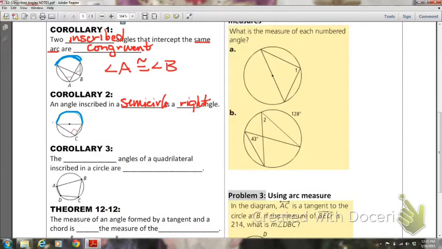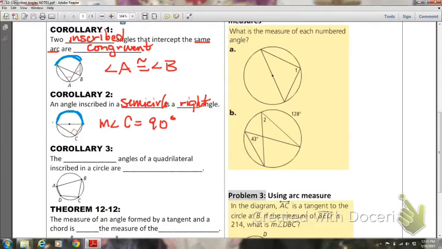There's 180 degrees in a semicircle because it's half of a circle. The angle is half of the intercepted arc, and so here, the measure of angle C has got to be 90 degrees because it's half of 180. So you've always got a right triangle. You remember that, because in some of the problems you'll use that right triangle that's formed.